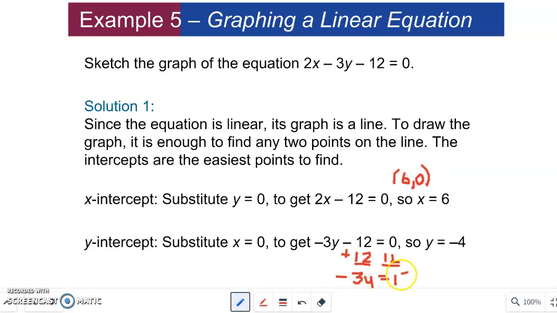And then if I divide both sides by -3, I have y is equal to -4. So when I substituted 0 in for x, I got y equal to -4. So there's a second point on my line.